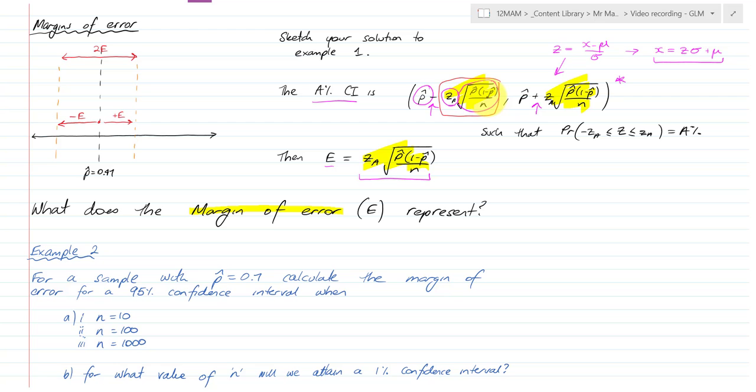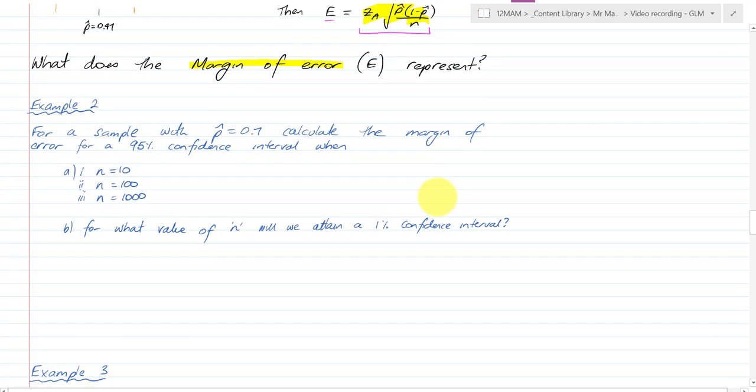So let's have a look at some examples of this. For a sample with p hat equals 0.7, calculate the margin of error for a 95% confidence interval when n equals 10, 100, 1000. And then for what value of n will we attain a 1% margin of error?